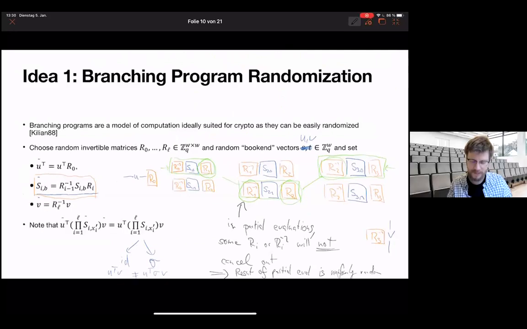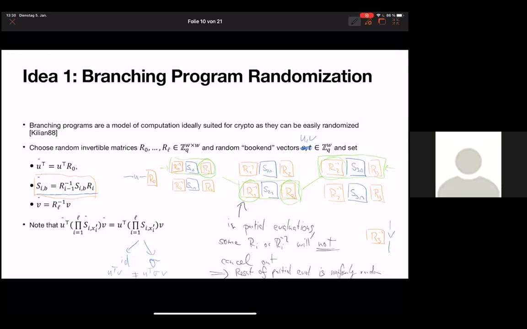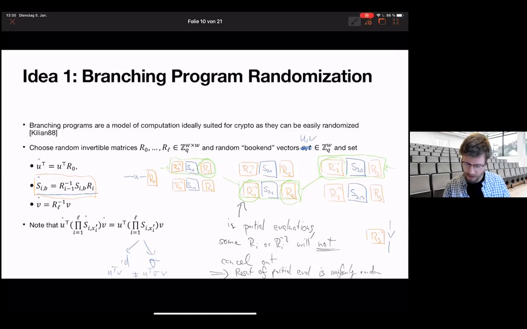Exactly. I had that a few slides earlier. The challenge one is these partial evaluations and intermediate results. This is about learning intermediate results. The second challenge is changing the input bit in a way that's not allowed by the branching program. Maybe we're going to get there despite all my blunders today.